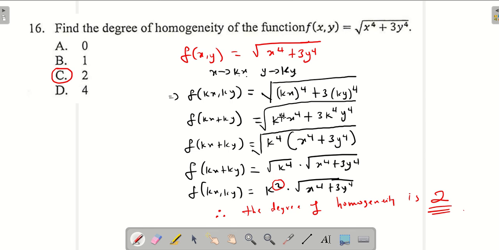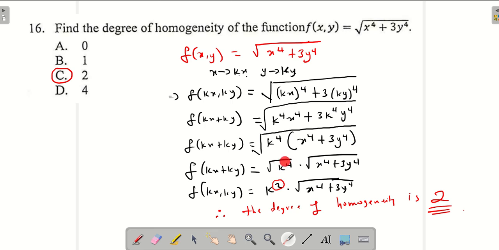Then we expand: k to the power 4, x to the power 4, plus 3, k to the power 4, y to the power 4. So we have the square root of k to the power 4, x to the power 4 plus 3y to the power 4. We can factorize the k to the power 4 out to get back the original function, x to the power 4 plus 3y to the power 4.